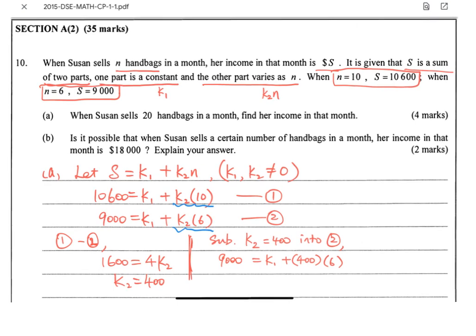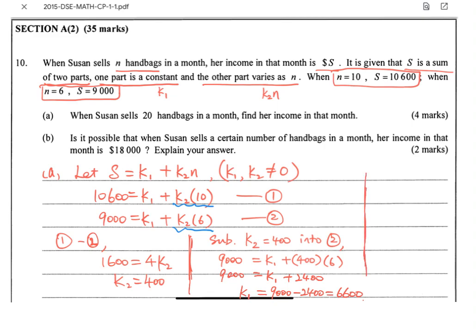So 9,000 equal to K1 plus 2,400. So minus 2,400 on both sides. So K1 equal to 9,000 minus 2,400, which is 6,600. So this is K1.